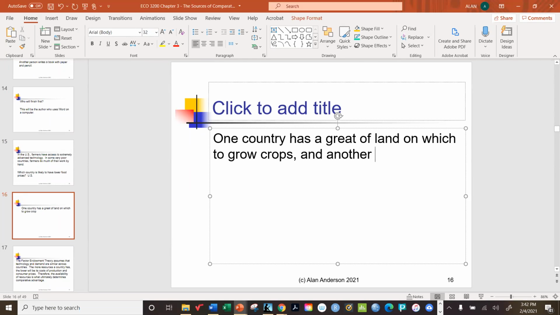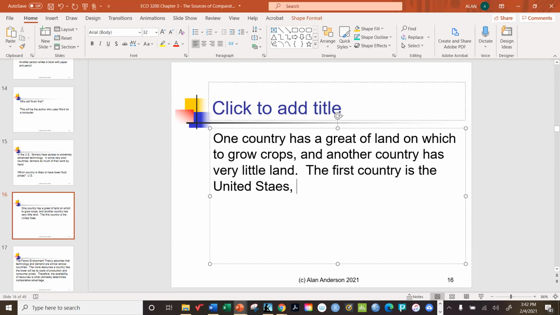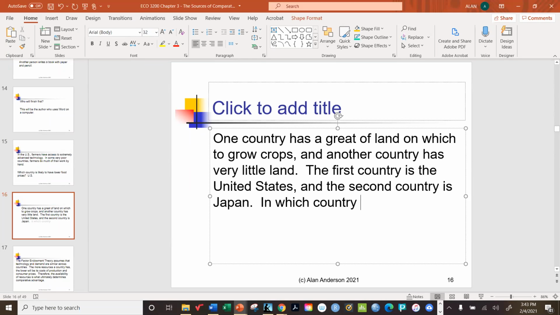And another country has very little land. Let's say the first country is the United States, and the second country is Japan. In which country are food prices likely to be lower? Well, of course, I think you know the answer to that, and that would certainly be the US.